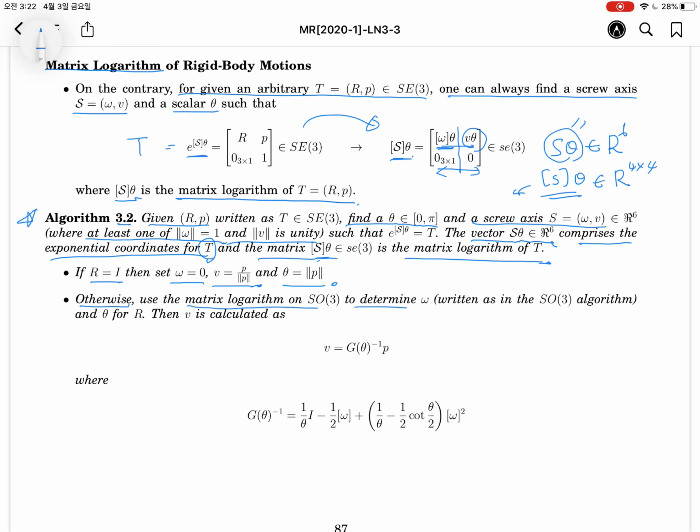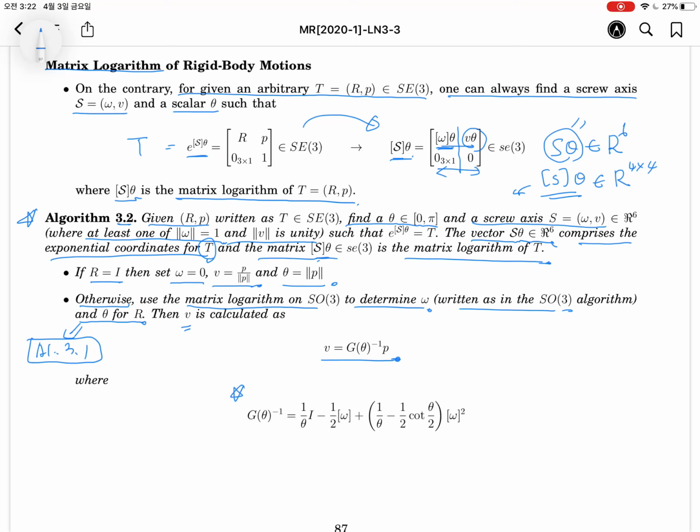So the matrix logarithm determines omega, written in so(3), and theta from R. Actually, it is suggested in algorithm 3.1, using the trace and the skew symmetry property. And then the remaining one is v. v is obtained by the inverse matrix of G times p.